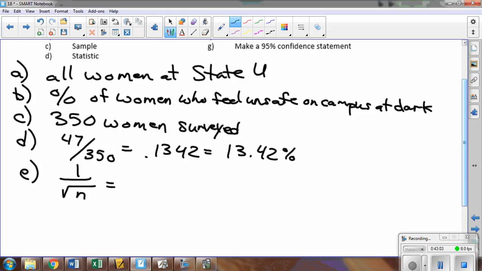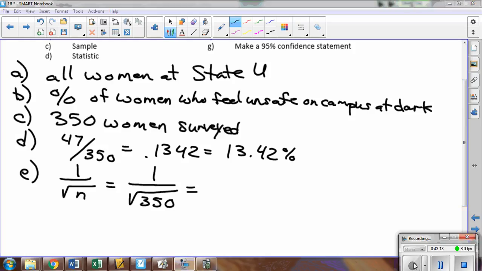It's how many people did you actually go talk to, how many people got surveyed. So this is 1 divided by the square root of 350. Using our calculators, what would we get? 0.0534, which is 5.34%. Please remember that margin of error is the plus or minus. We will wind up adding or subtracting this margin of error in this next part.